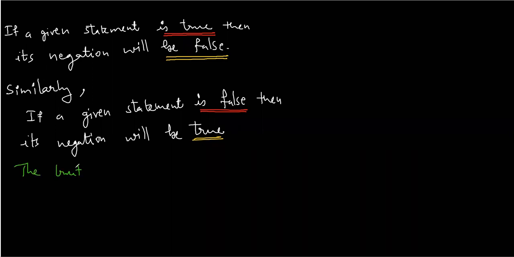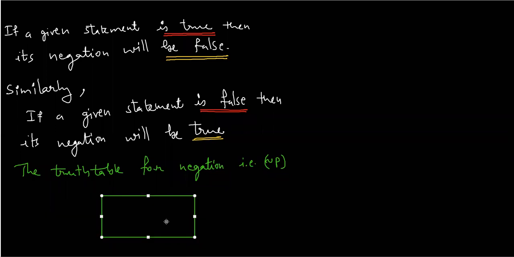The truth table for negation, that is negation of P. Now, you know, students, when we had written the truth table for disjunction or conjunction, we had total 4 different possibilities of truth values, because there we had P and Q. But if it is negation, we will have only one.